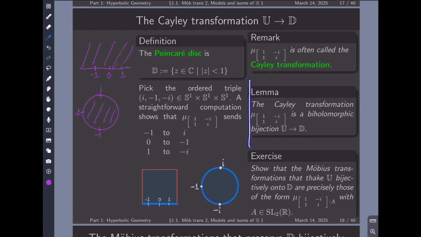Well, we know that Mobius transformations are holomorphic maps. So this one is a biholomorphism between U and D, the Poincare disk. What does biholomorphism mean?